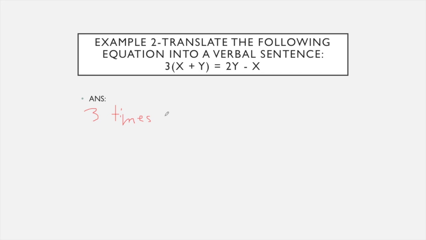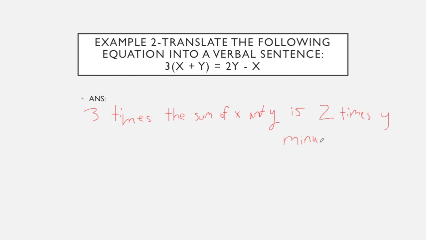So we should put 3 times, this is that key phrase, the sum of x and y is, I could say equals, but I'll say is 2 times y, this should be jogging your memory, 2 times y, and then we'll say minus x.